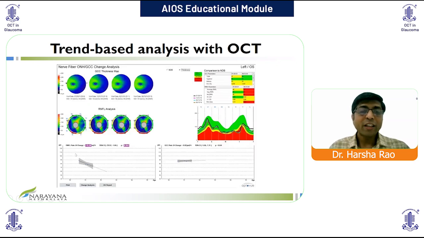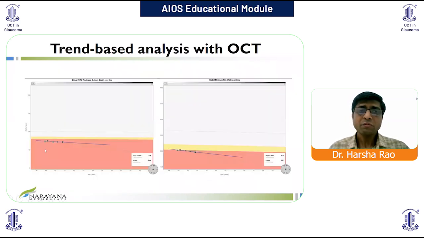Here is an example where the RNFL is changing at a faster rate compared to the GCC thickness. So does this once again mean that RNFL is better in detecting progression compared to GCC thickness? Maybe, may not be, but as I said, it depends on where the initial damage is.